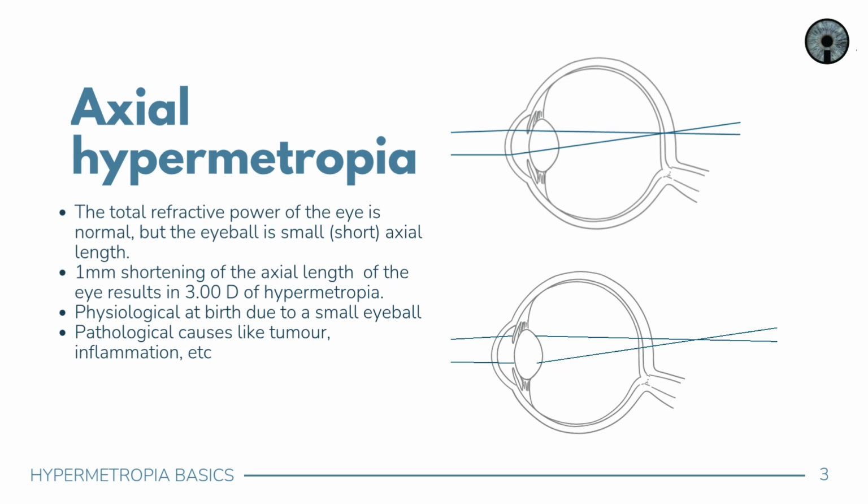In the previous slide, we saw how the different parameters affect refraction in the normal eye. Now, let's see what happens if one of these parameters is disturbed. To start with, let's take axial length.